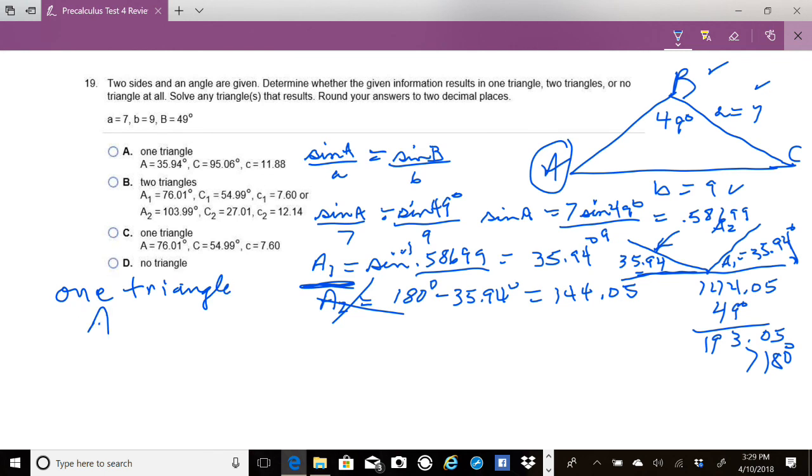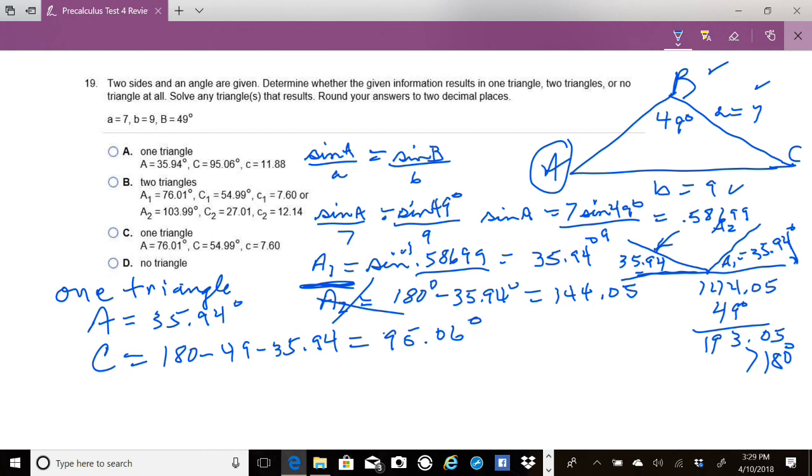And A is going to be equal to 35.94 degrees. And C is going to be 180 minus 49 minus 35.94. C then is going to be 95.06 degrees.